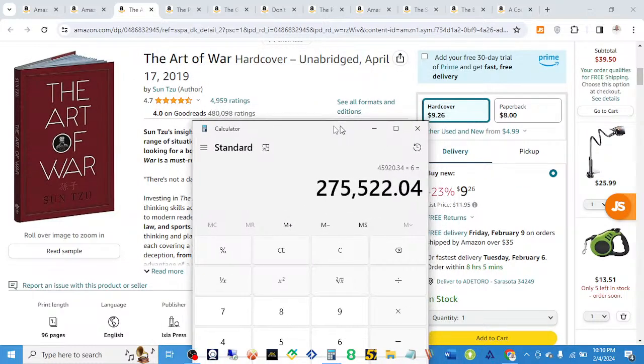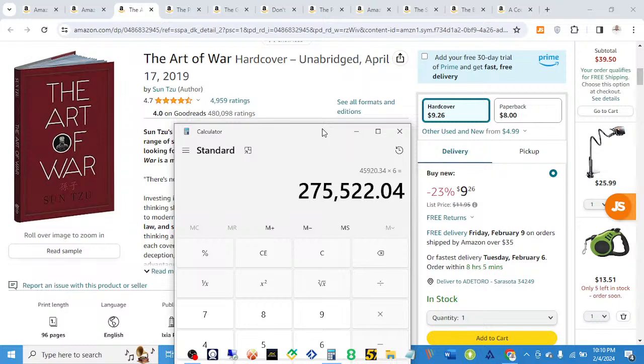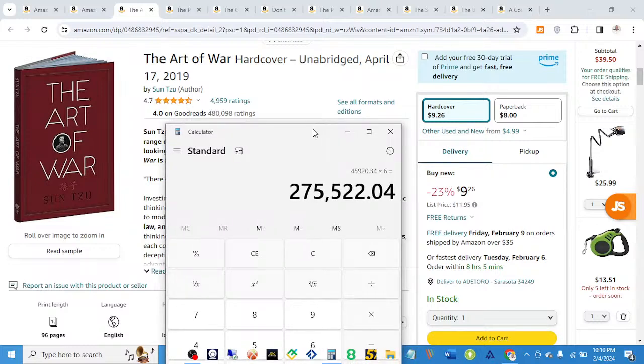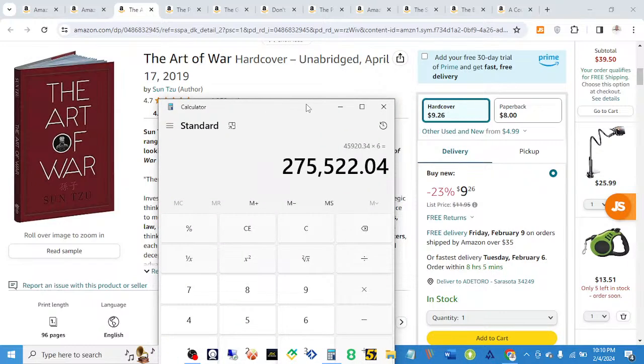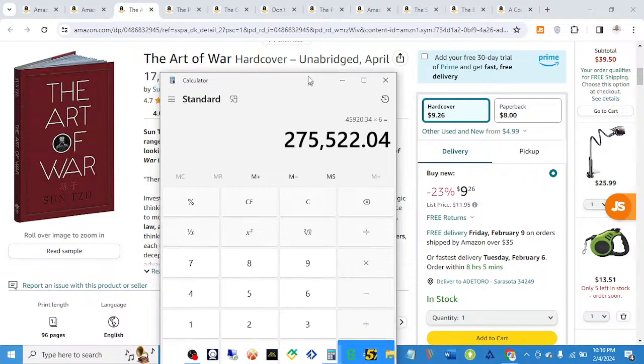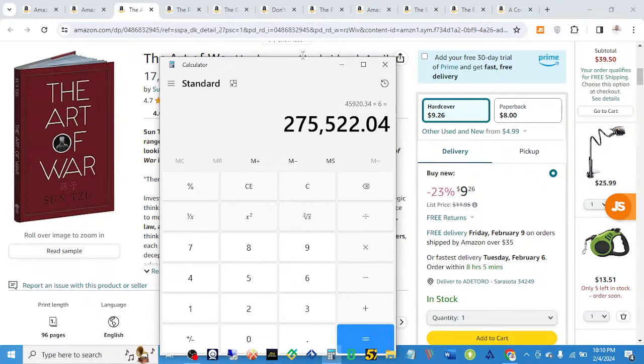And he started publishing this book on April 2019. 2019, 2020, 2021, 2022, 2023. So let's stop at 2023. You know, we are currently at February 2024.